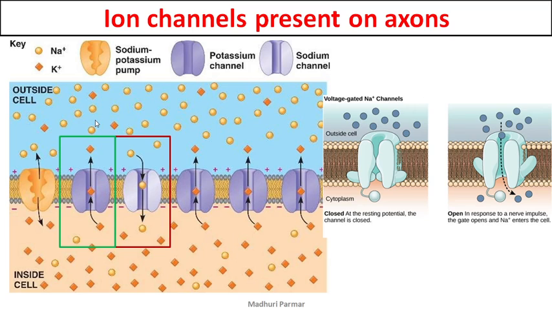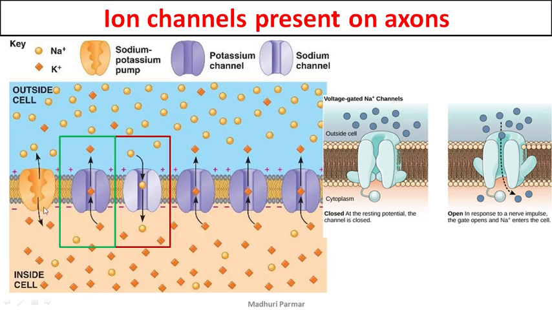Clear? When they open. Same as sodium ion channels, these are also voltage gated potassium ion channels. From the name only, voltage gated, meaning who will open the gate? Only voltage can open the gate. When there is some change in the voltage, then only these channels will open and close. Fine. So when this potassium channel opens, the potassium will move outside the cell.